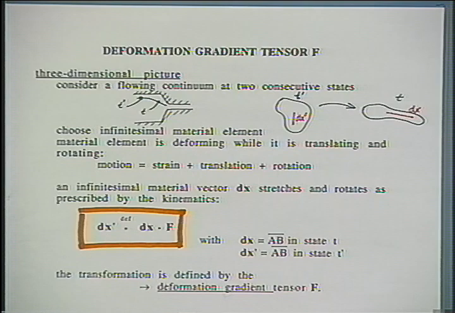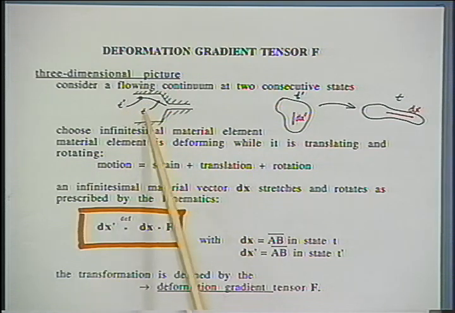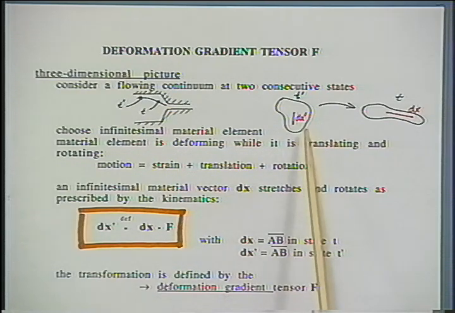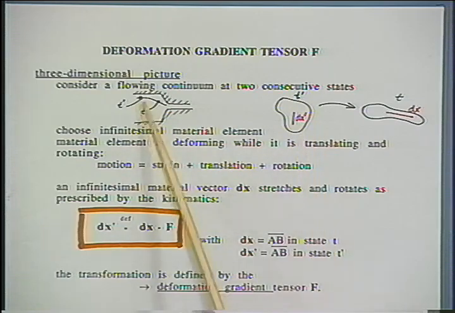Let's go to the 3D picture, where a material element is following a path line, say in a flow through a capillary. And we would pick two states from doing that deformation, a state t prime and t. We would take a little material element, say at t prime here. This would be the first one.